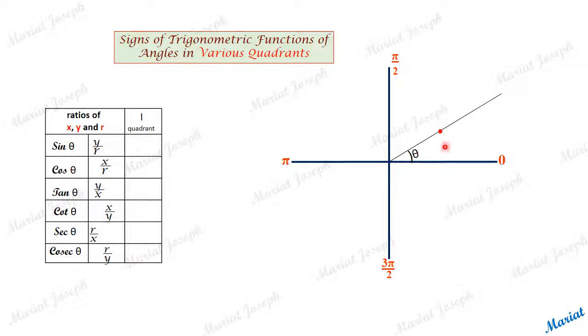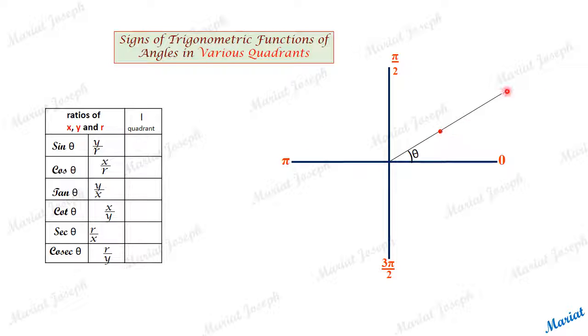In the first quadrant, the terminal side lies in the first quadrant for this angle theta. The initial side is always on the positive direction of the x-axis. Now, to apply the definition of trigonometric functions, we need to take any point on the terminal side.